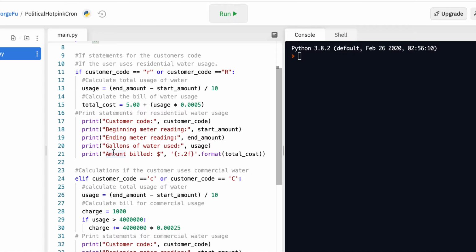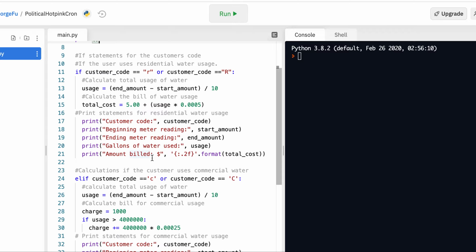Lines 16 through 21 are the printing in the format, so the customer gets a straightforward bill. It prints the customer's code first, then the beginning meter reading, the ending meter reading, the gallons of water used from the usage we calculated, and the total cost, which is the amount the customer has to pay.